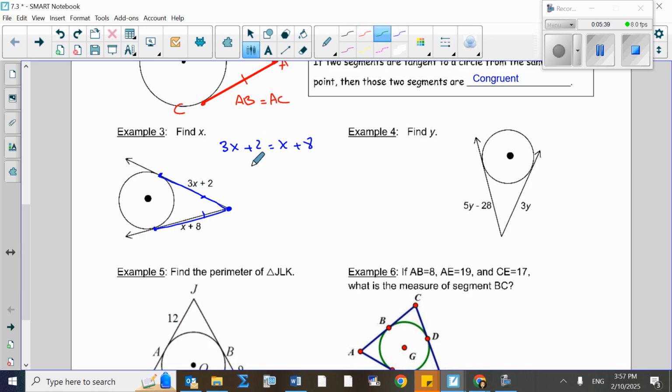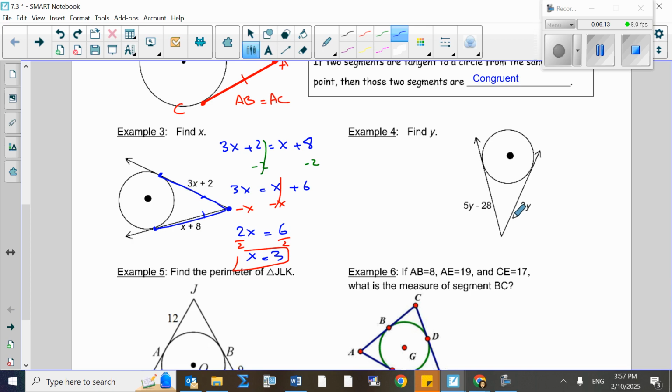Now, I'm going to subtract 2 from both sides. 3x will be equal to x plus 8 minus 2, which is 6. And I move the x to the other side. 2x will be equal to 6. And x will be equal to 6 divided by 2, which is 3. So you want to divide both sides by 2. So that's the value of x.